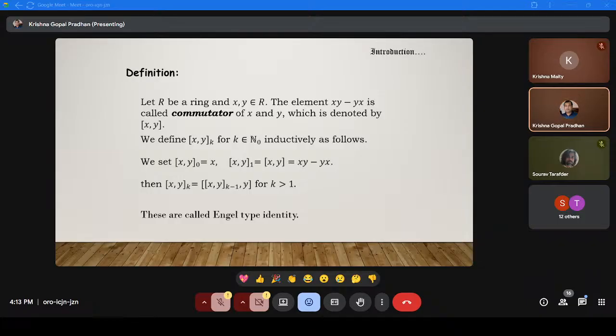We set the zeroth commutator of x and y as x, and the first commutator of x and y is the commutator itself, and then inductively we can define the kth commutator as the commutator of the (k minus 1)th commutator of x and y with y, for k greater than 1. These types of identities are called in this literature Engel type identities.